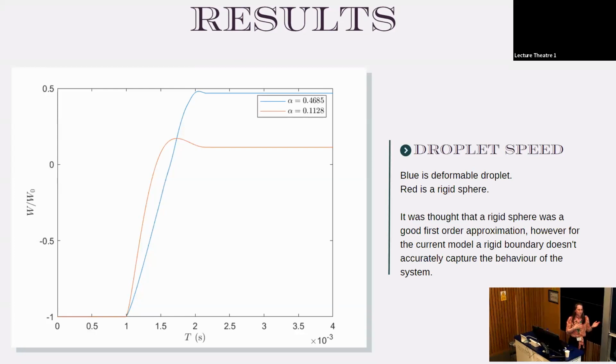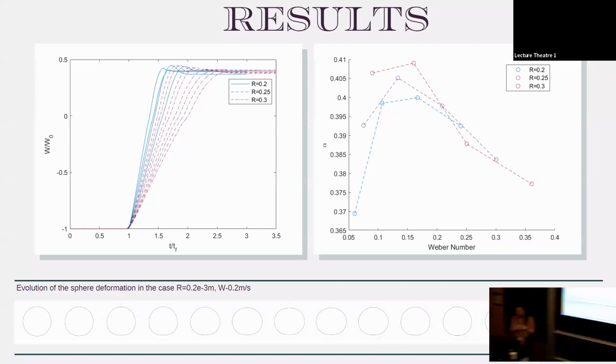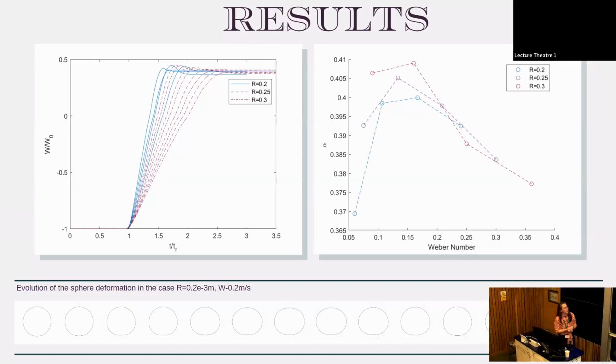This has all been done for one specific regime, so a specific value of R and a specific value of W, and all of these pictures matched. But if we start looking at expanding that and seeing how it affects the wider regime, I just took, for the minute, 3 different values of R and 4 different initial speeds and non-dimensionalized them. So this is the non-dimensional time. All droplets will hit at time 1.